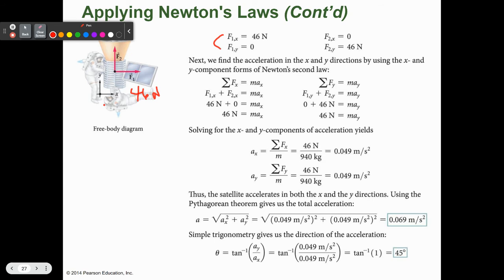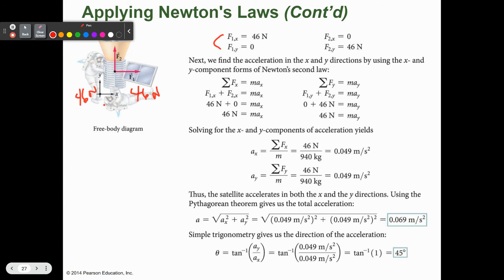Since it's going in the x direction, it has no y direction, so the y component of the F1 force, F1y, is 0. Then our second astronaut is pushing up, and all he's doing is pushing up, with 46 newtons of force as well. So there is no x component for F2 because he's not pushing to the left or right. He's only pushing up, but he does have a y component of F2, which is 46 newtons.